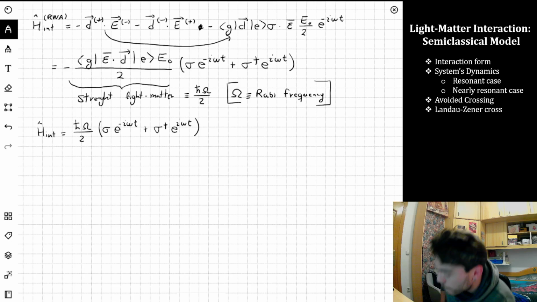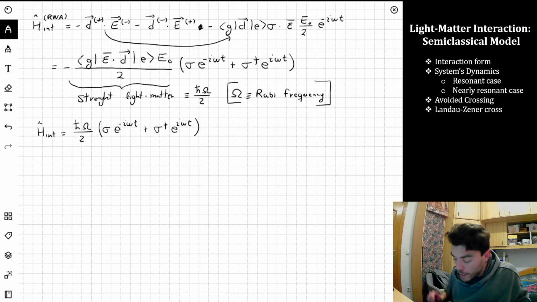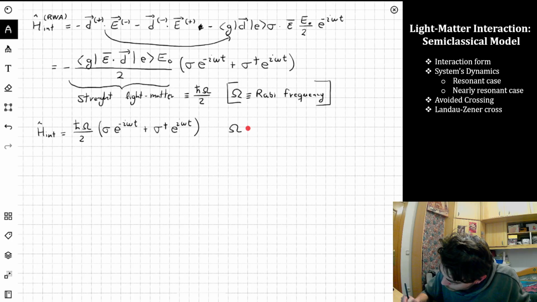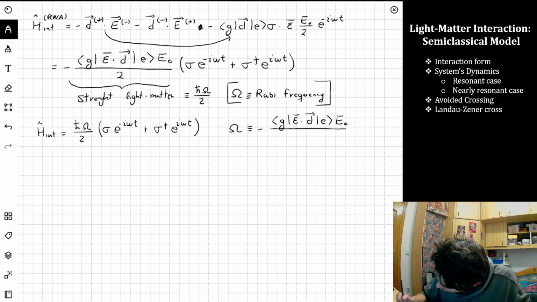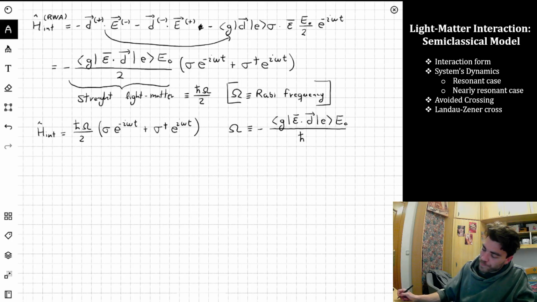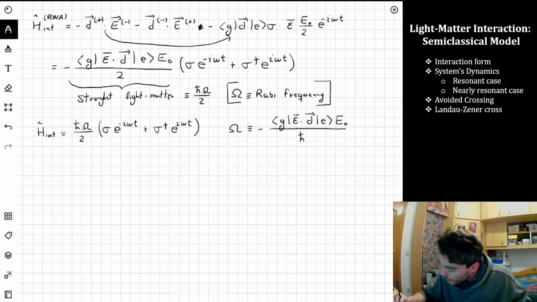Again with the rotating wave approximation applied in the dipolar approximation, etc. And just for the matter of writing everything, this omega is defined as minus g e d times E0 divided by h bar, and is the Rabi frequency. This times is a dot product. No, it's not, sorry. It's not a dot product. It's a normal product. The dot product is inside the bracket.